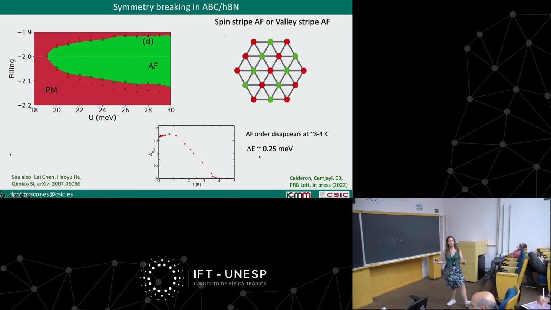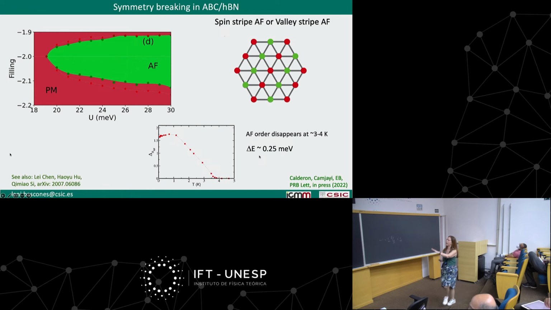So what this is telling us is that the antiferromagnetic state that we are finding is associated with the process of creating this Mott insulator. We cannot really address that exactly, but we believe that the antiferromagnetic state that we are obtaining is this ordering in which we are also breaking the triangular symmetry of our system.